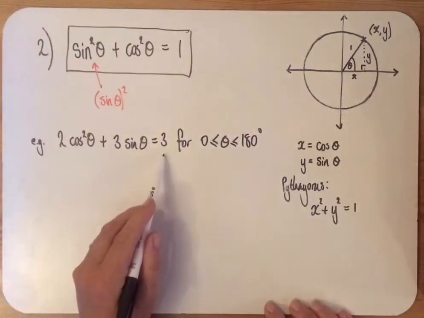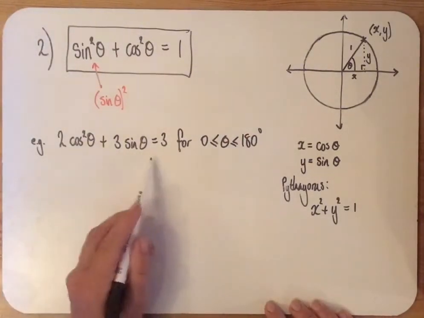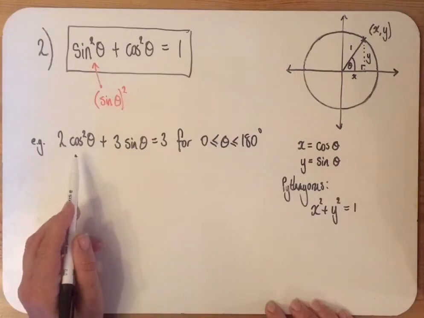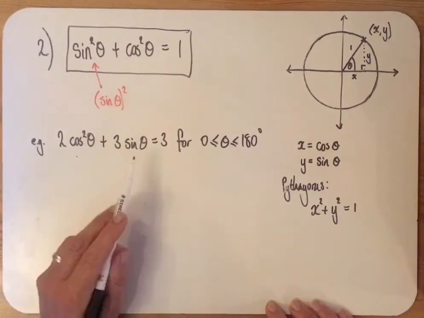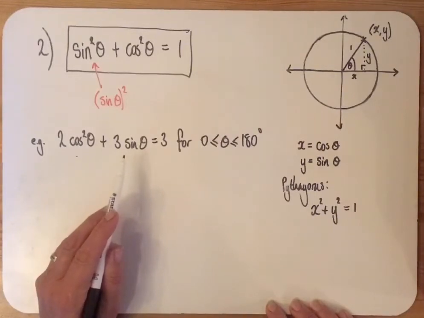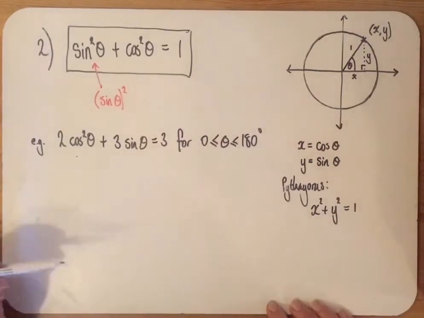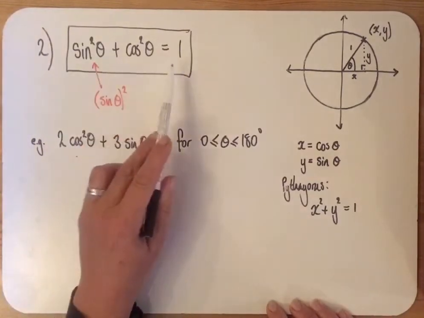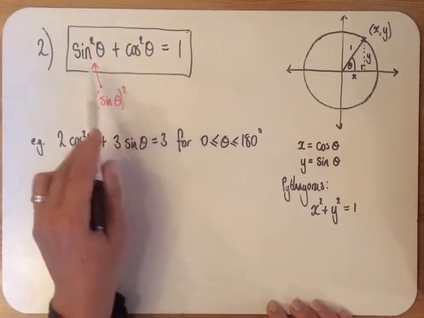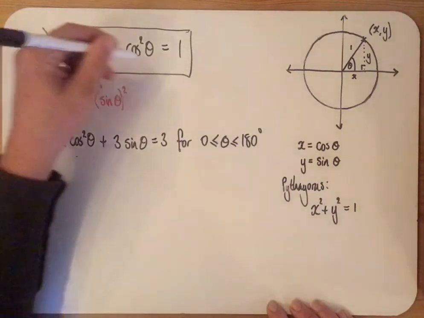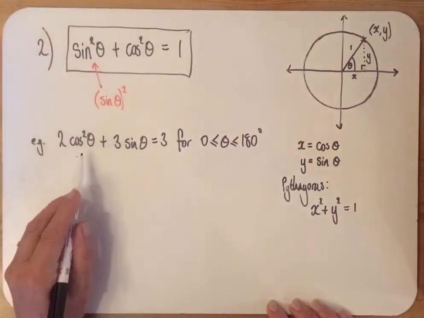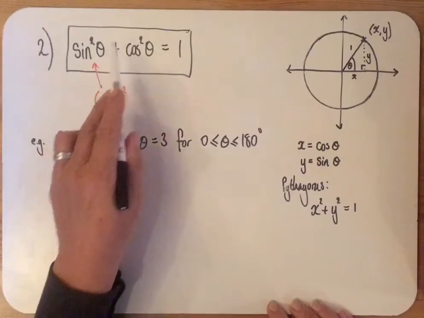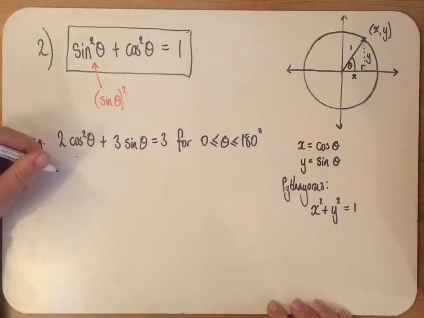Then at the moment this trig equation can't be solved because it has cos in it and it has sine in it. So we need to get it in terms of one trig function. And so to do that we can rearrange the top one here. So from this one here, cos squared is equal to 1 minus sine squared.